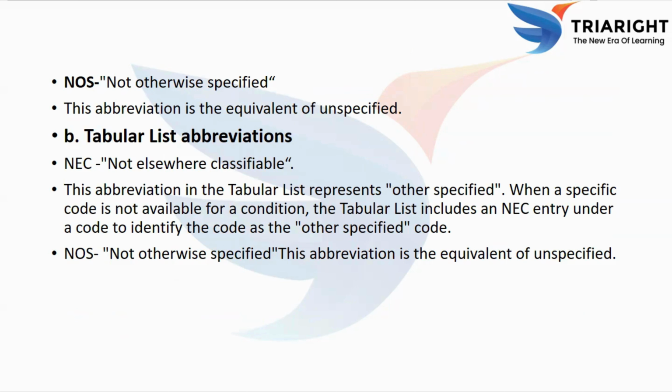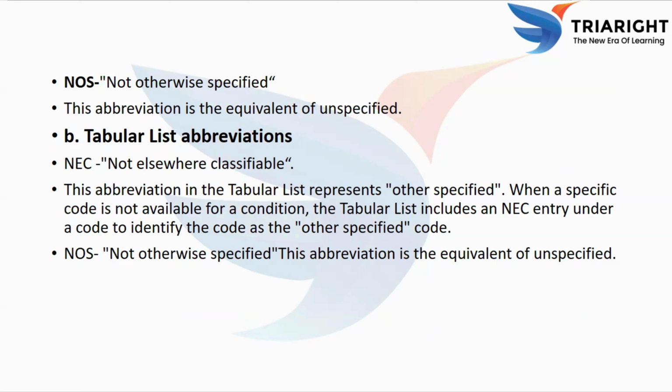So whenever you get a document regarding eye surgery, and they don't mention which eye has been through surgery, the right eye or the left eye, here a particular piece of information is missing, right? So this is used when the documentation does not provide enough information to assign a more specific code. You have to use NOS.